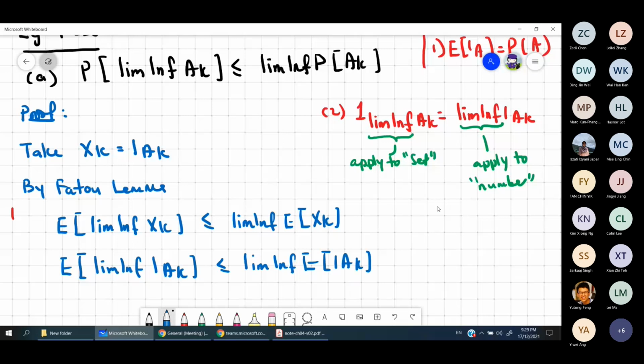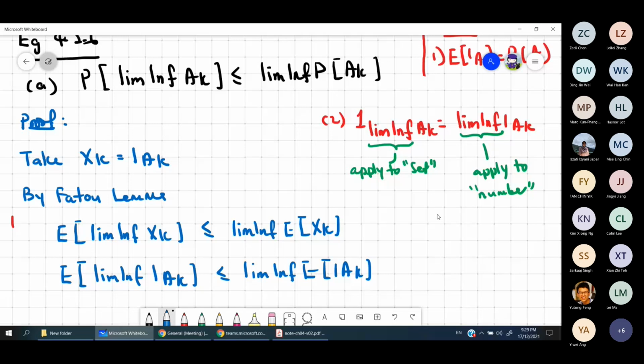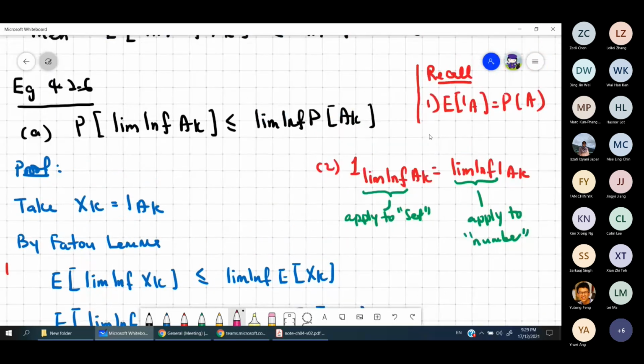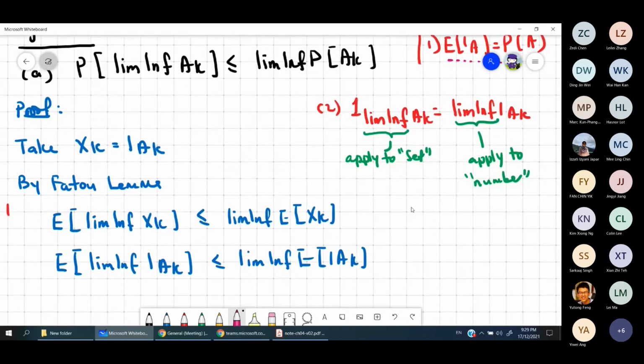Next, we apply this formula here: E of 1_A equals P of A. We apply it to this part, so then this becomes the limit inferior of P of Ak. So we just apply this formula over here.